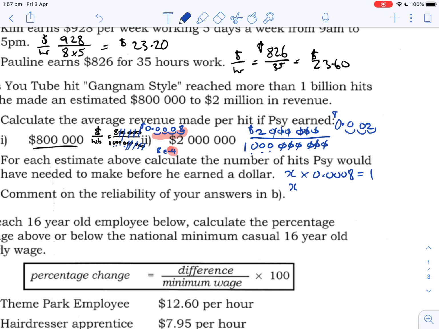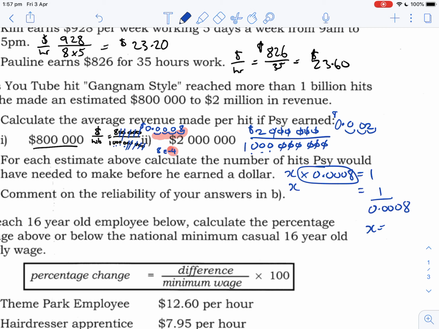So to get x on its own, essentially we're doing a little bit of algebra and rearranging it. If I change the side of the equal sign, I change the sign. I was timesing, so the opposite of timesing is dividing. So 1 divided by 0.0008 gives me an answer of 1,250.